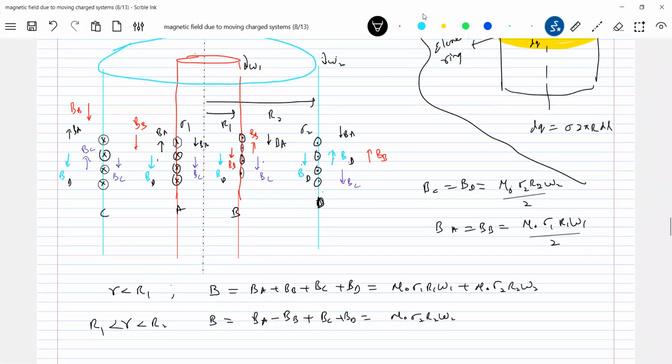Now for R greater than R2. Shall I say 0?